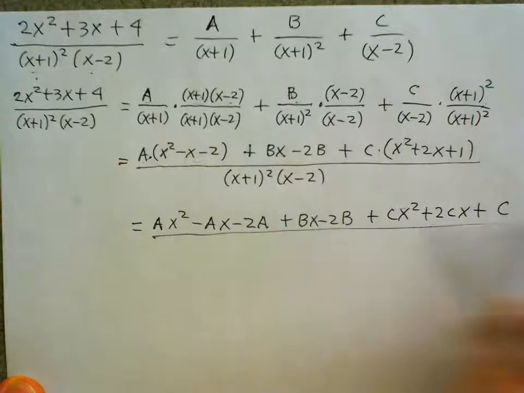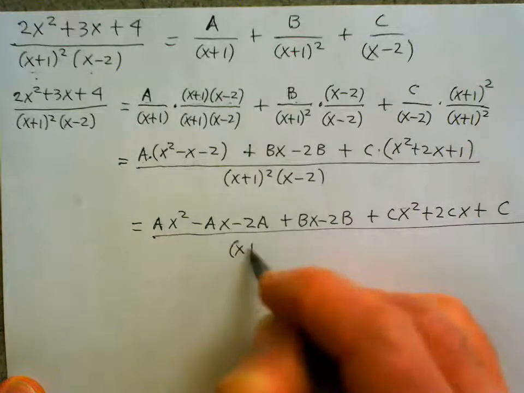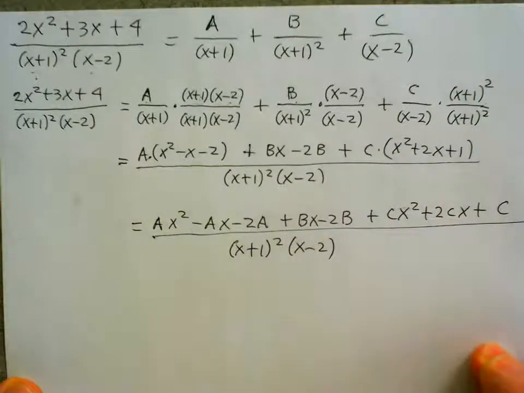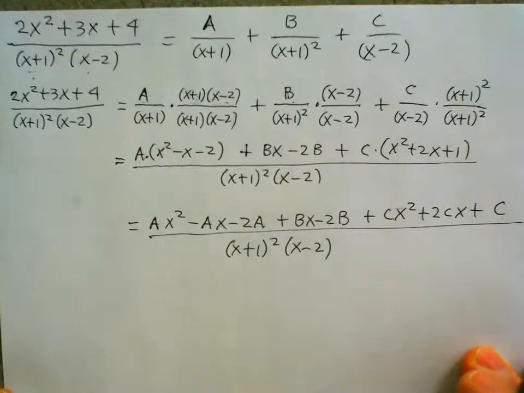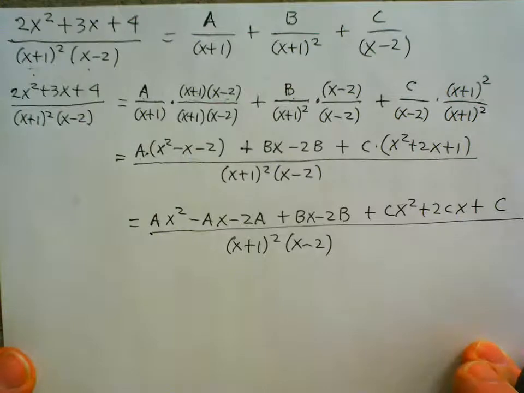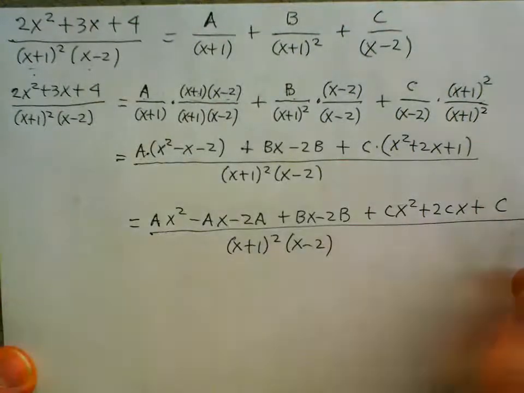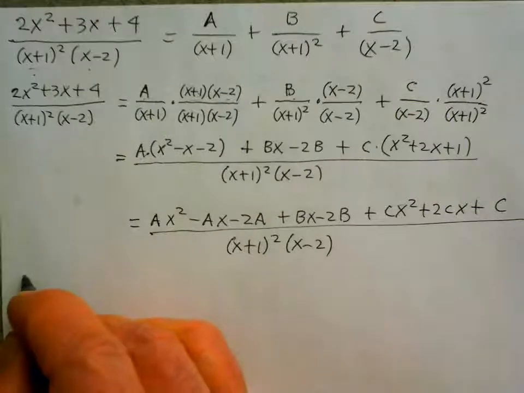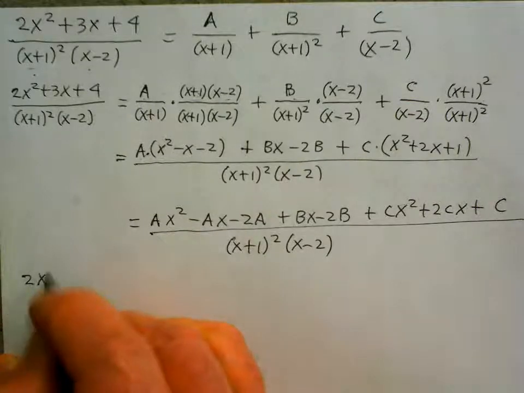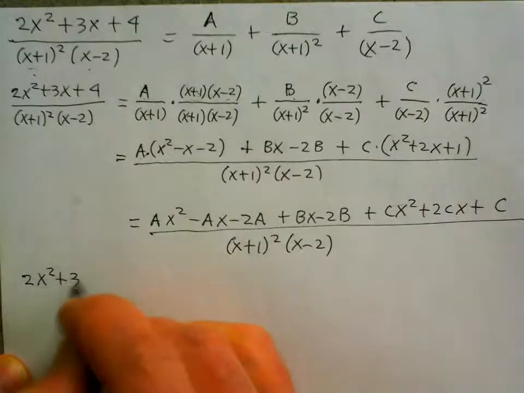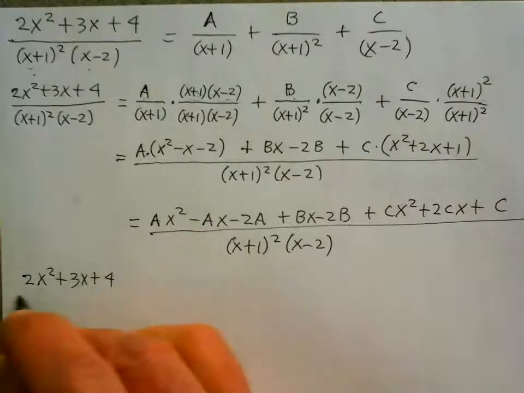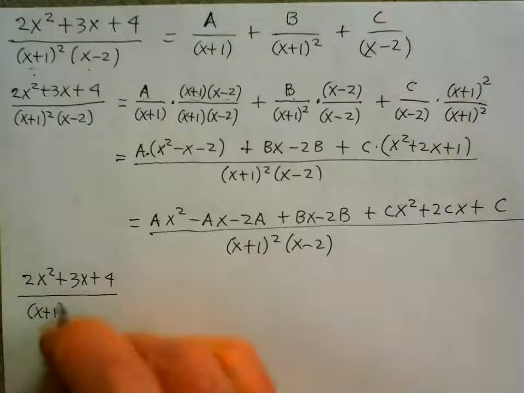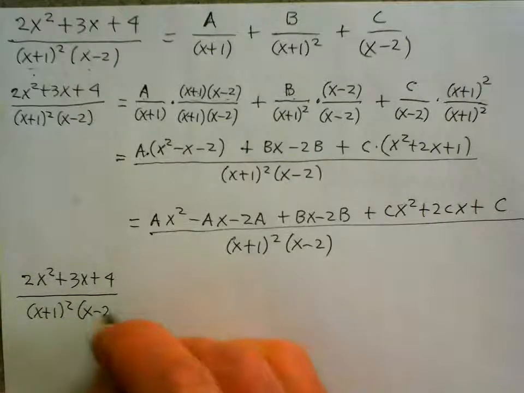This is all over x plus 1 squared times x minus 2. Okay, then we can start collecting like terms, but I'll rewrite the rational expression on the left, 2x squared plus 3x plus 4 over x plus 1 squared times x minus 2.